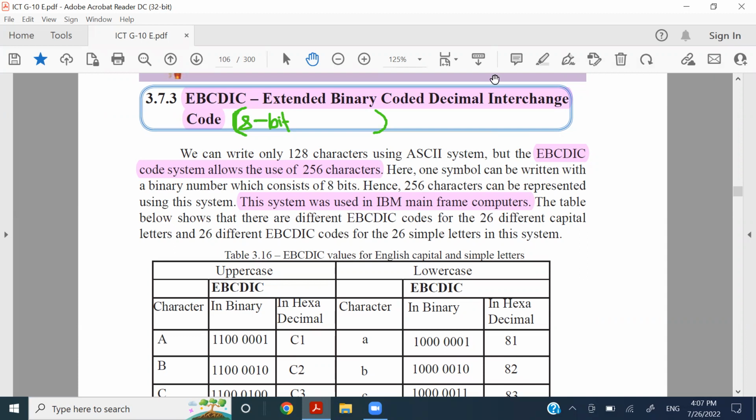Okay. Are we done? It's only 2 lines for you to write. Okay, anyone who is still writing?